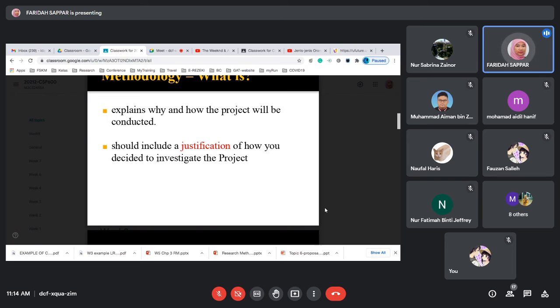So it's very important that during the development you buat integration kan, let's say VPN tu, process you record and then you demo dekat supervisor, so supervisor aware that you boleh buat ke tak, actually you buat sendiri ke tak.